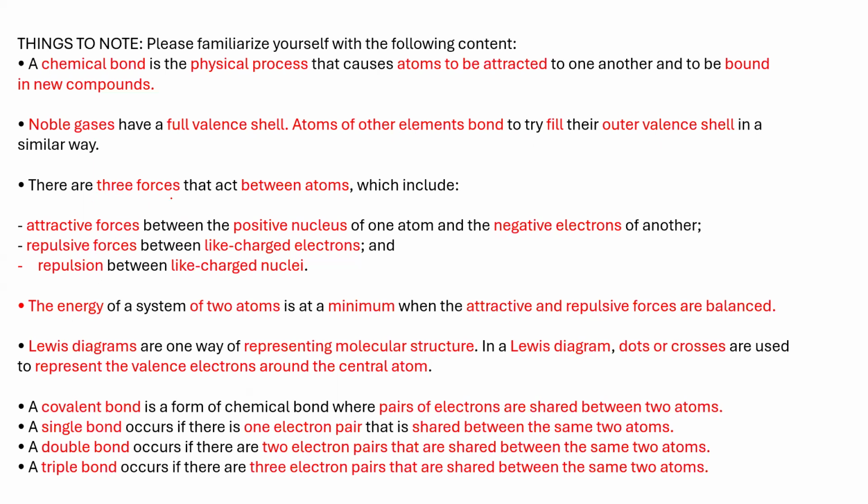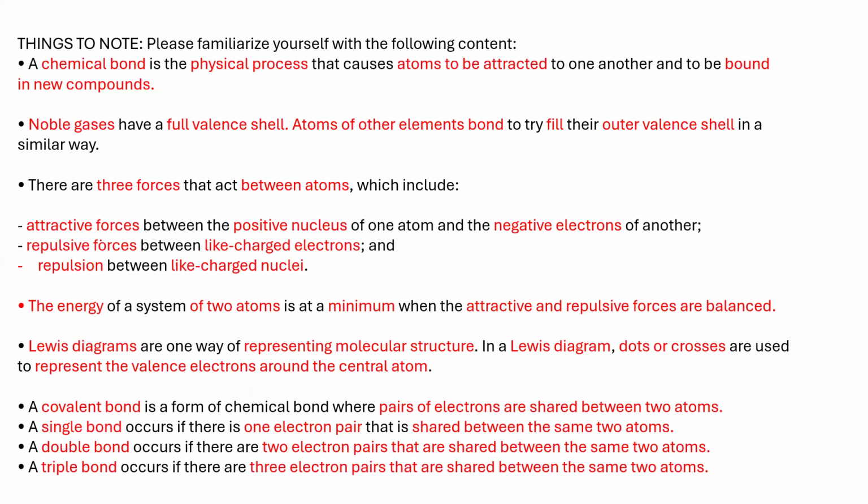And then there are 3 forces that act between atoms: attractive force, repulsive force, and repulsion. The repulsive force is the same thing as repulsion. When you talk about attraction, we know that an atom has 3 particles: electrons, protons, and neutrons.